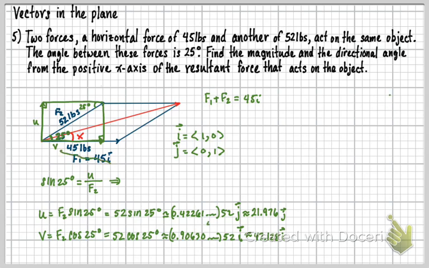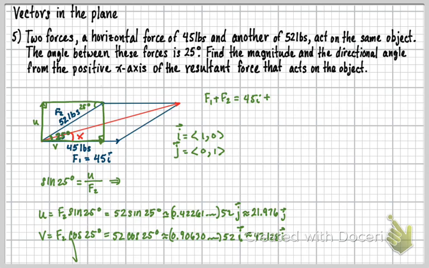Oops. That was here. Okay. And then I'm going to add that to my F2. Now my F2 is going to be the sum of U and V. Okay, so I'm just going to add those two together, and that's going to be these two here that I approximated.